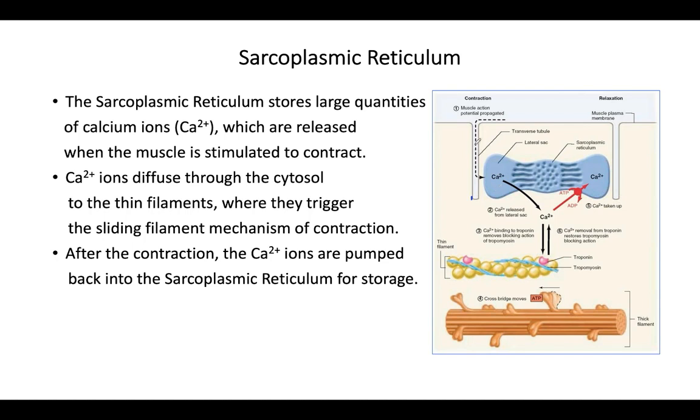Once the nerve impulse arrives in the T-tubule, the calcium ions stored in the terminal cisternae diffuse out into the sarcoplasm. Sarcoplasm is the cytoplasm in a muscle fiber. Now, calcium ions came out of the terminal cisternae into the sarcoplasm. These calcium ions bind to the thin filament, actin myofilament. Then this triggers muscle contraction.